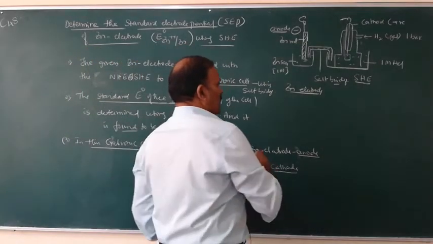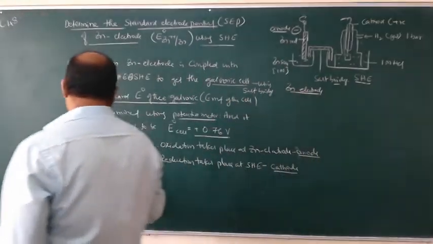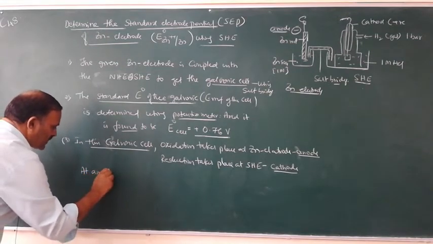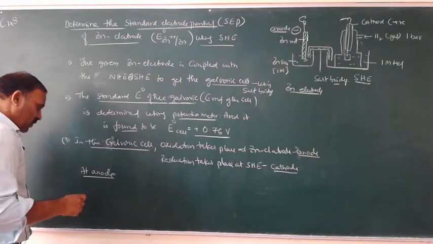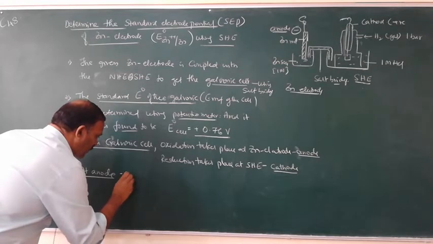Is it not? So at anode, which is the anode here? Here zinc electrode is the anode. Oxidation takes place at anode.